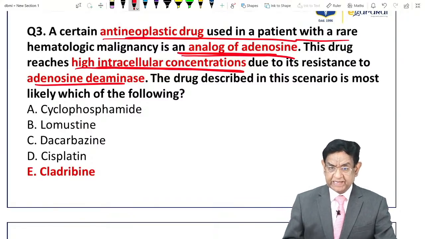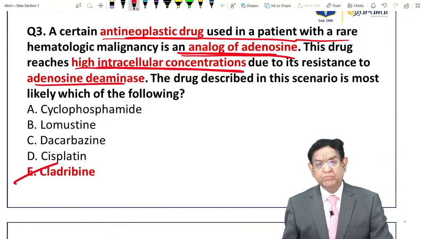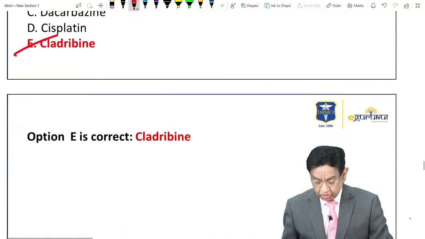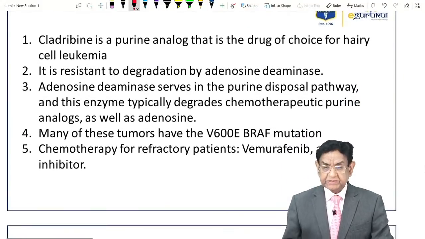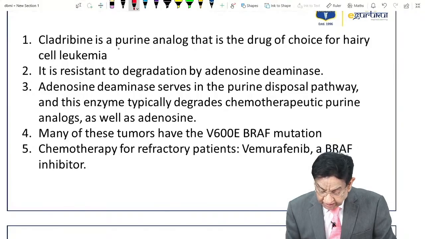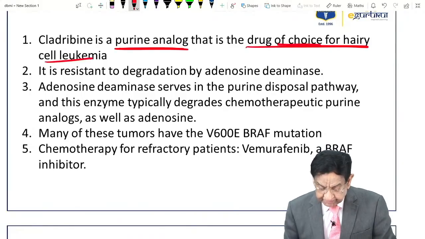Let's correlate the three. Answer is cladribine. So let's talk more about oncology and pharmacology. Oncopharmacology, answer is cladribine. So let's read more about the pharmacology of cladribine. It's a purine analog. Okay, it's the drug of choice for hairy cell leukemia.